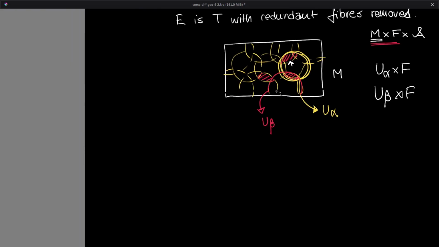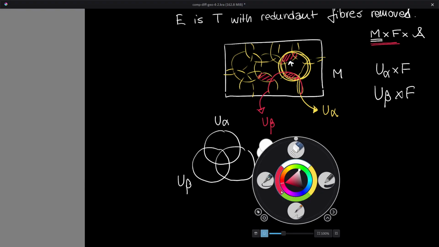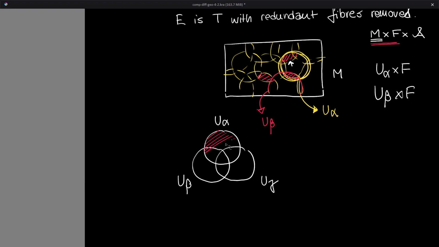So let me zoom into maybe two or three of these. Let's say that we have this Venn diagram looking situation here. So you have U alpha, U beta, U gamma, and let's color code those. You have this red region with the red fibers, this green region with the green fibers, and this yellow region with the yellow fibers.